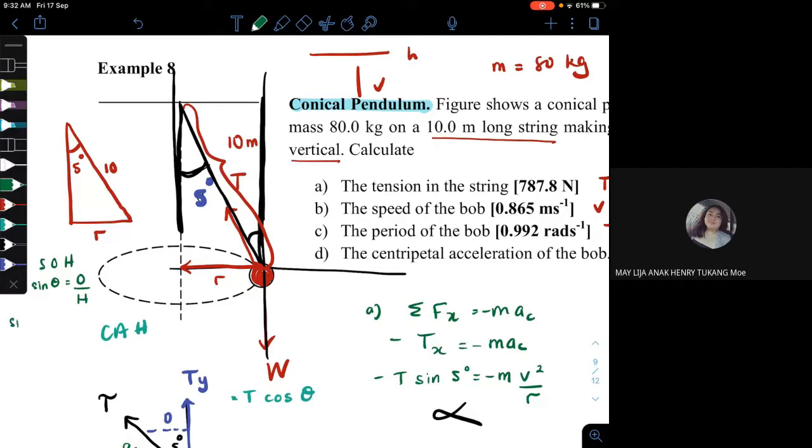So we have sin 5 equals to our opposite is our R yang kita nak cari. Then our hypotenuse is a value of 10. Okay. So this one will be your R and then H will be 10 lah. So your R would be sin 5 darab 10. Okay. So this one you will get your R to be 0.872 meter lah. Okay. Okay, write that down.